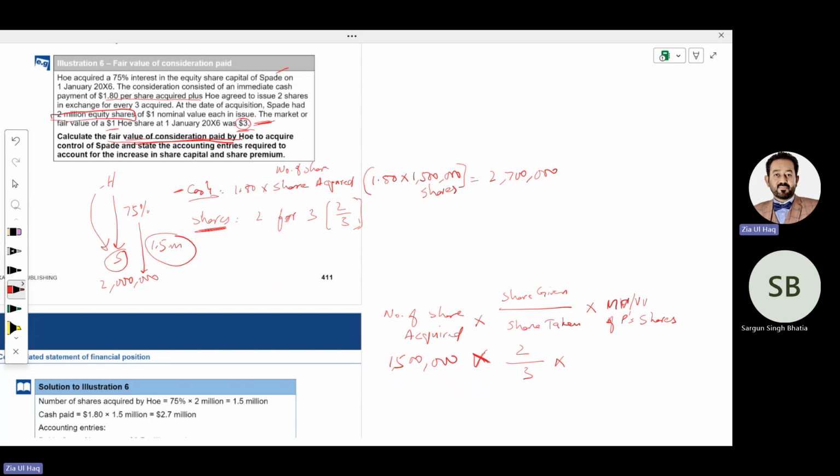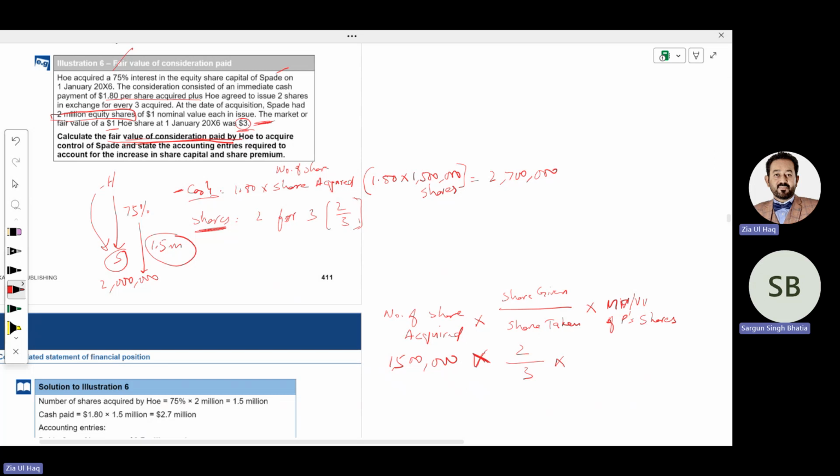The consideration consists of an immediate cash payment of 1.80 per share acquired. If the per share price is 1.8, how can we calculate cash? Per share price multiplied by shares acquired. How can we calculate shares acquired?